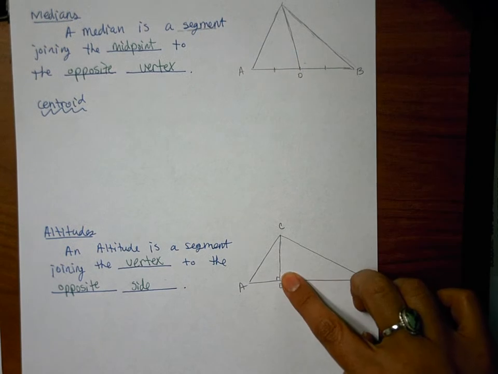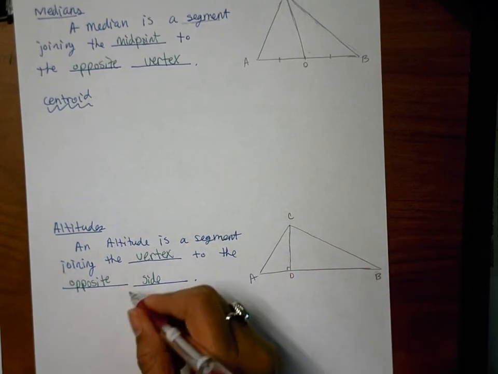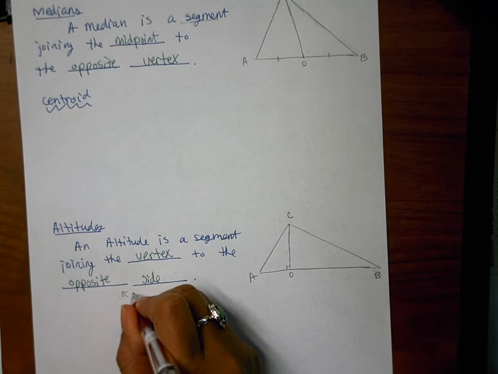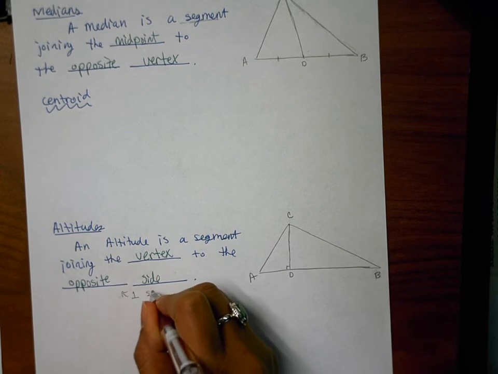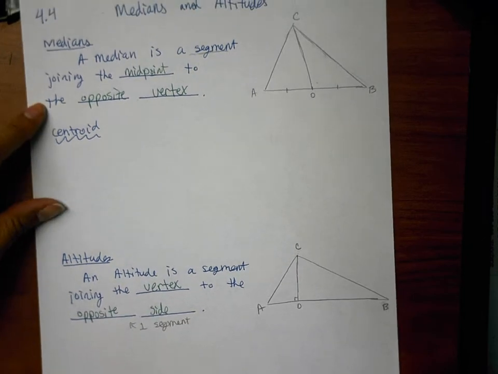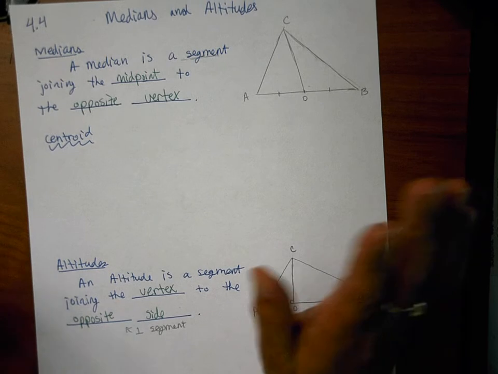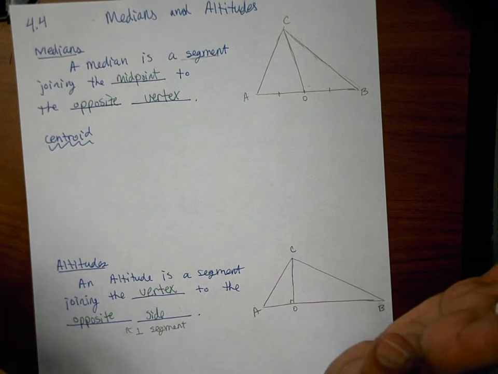You see that? Those are not congruent. And up here, these are not perpendicular the way it is here. So you want to make sure you understand with altitudes, you're dealing with a perpendicular segment. And up here with the medians, you have these little bits, the congruent segments there.